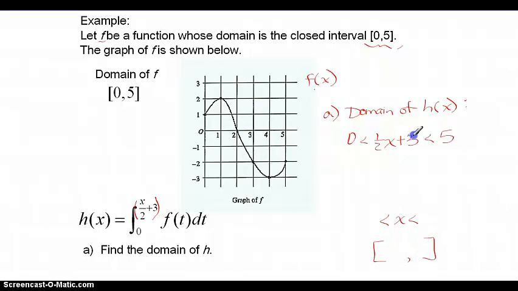So I'm going to subtract 3 from all three pieces of this inequality. So -3 is less than 1/2 x, which is less than 2. And I'm going to multiply all three parts of this inequality by 2. So -6 is less than x, which is less than 4. So -6 and +4 are the endpoints for the domain of h. And there's how we would answer part A.